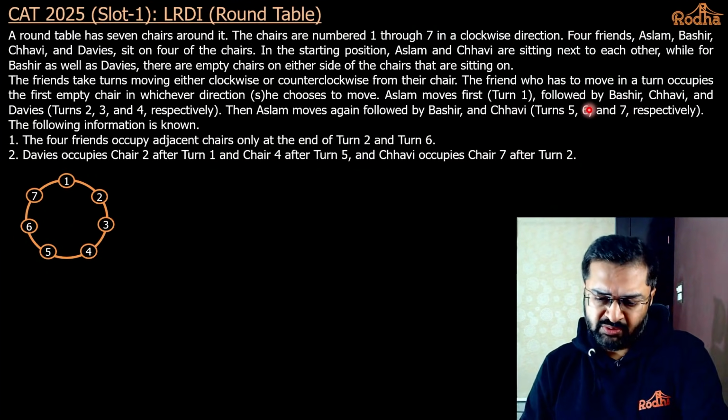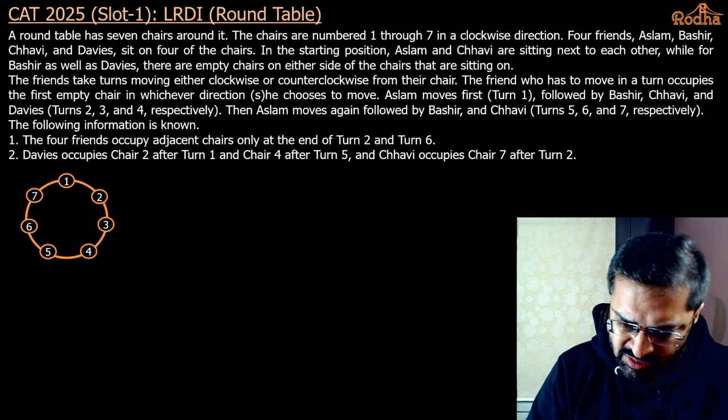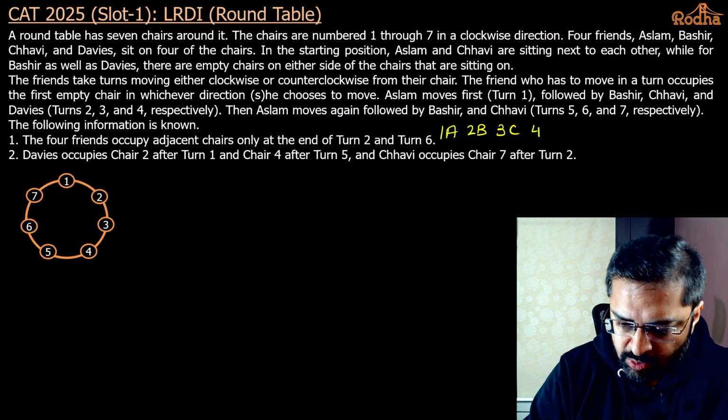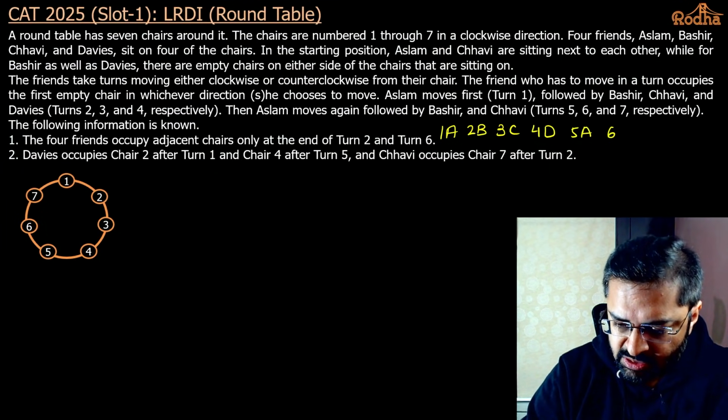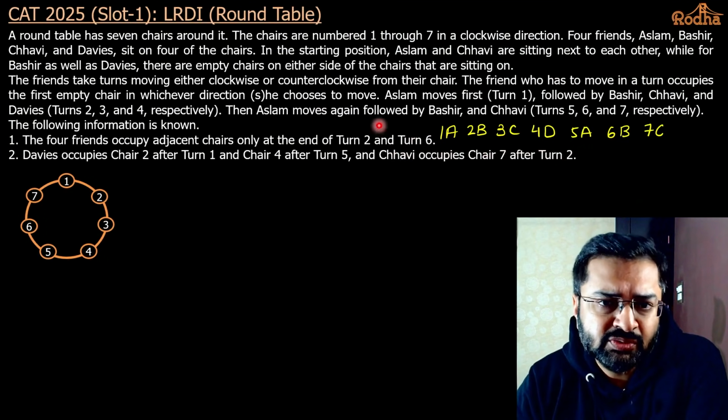It says 1A, then 2B, then 3C, then 4D, then 5A, then 6B, and then 7C. It's all given, but I've written it separately just for understanding.